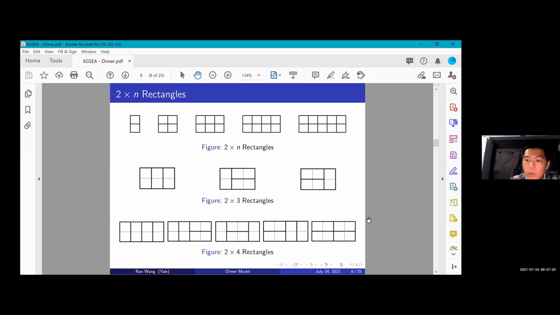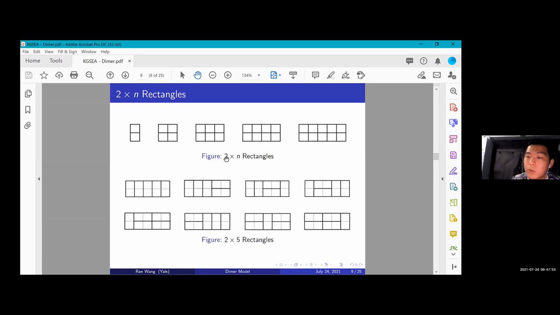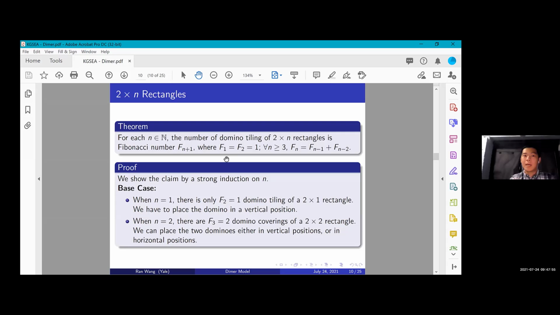And for the two cases on the right, we can just ignore the 2 times 2 rectangle on the left, and the remaining part is just all the cases of a 2 times 2 rectangle. And this goes on. So this proves that the sequence is actually the Fibonacci numbers.